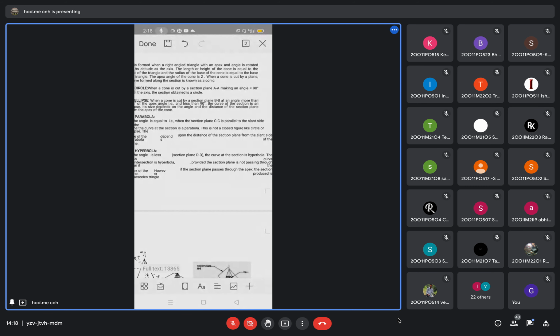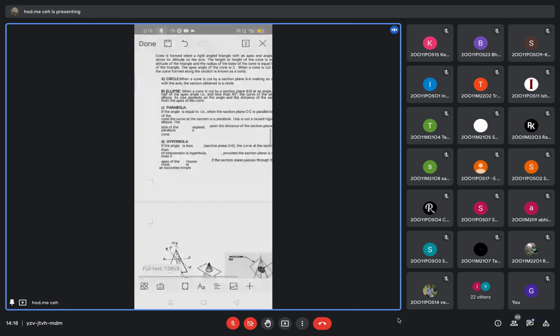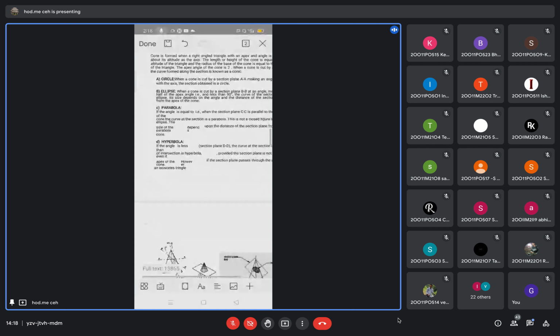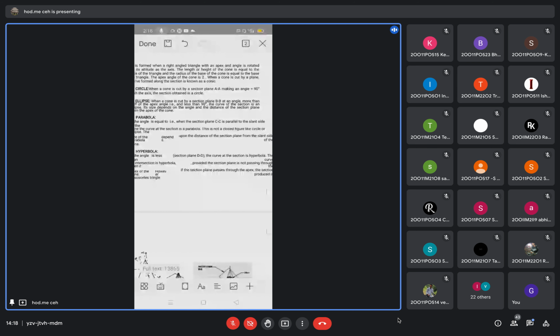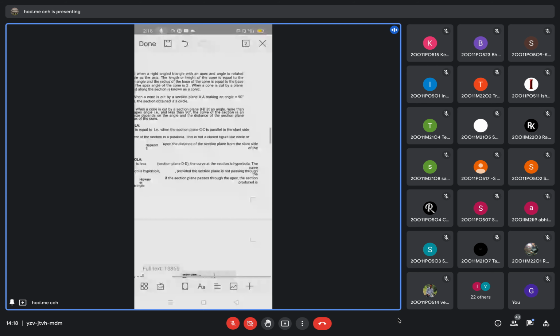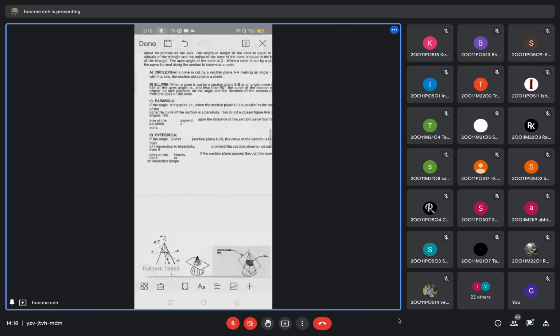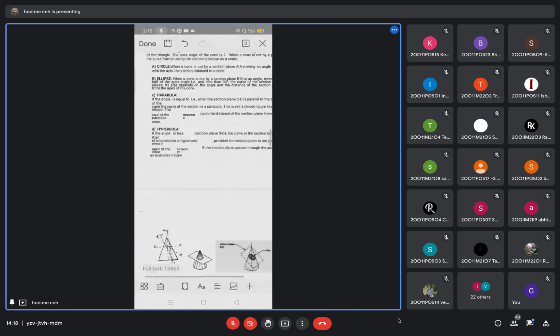A circle is a closed line, and so is an ellipse. Okay, the size depends upon the distance of the section plane from the apex of the cone.